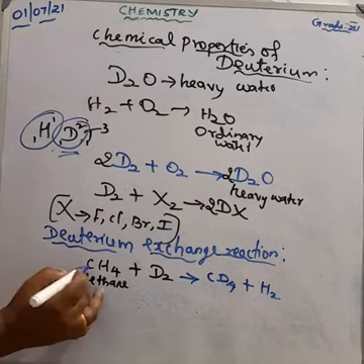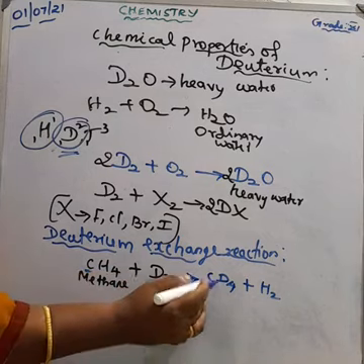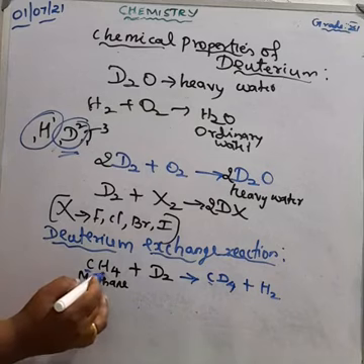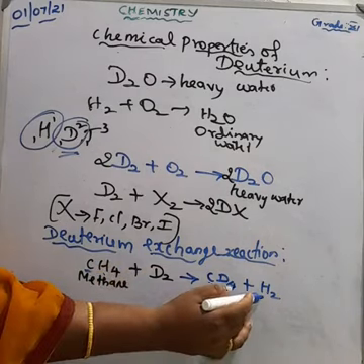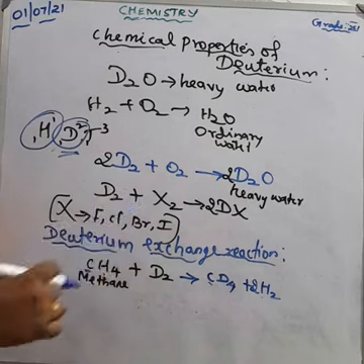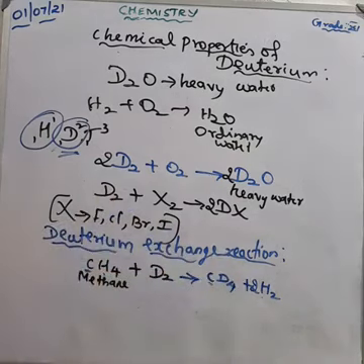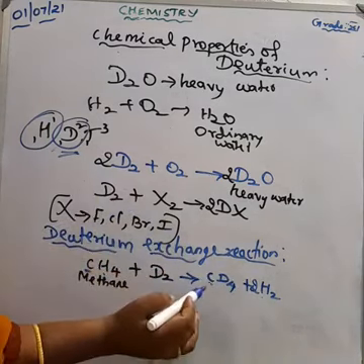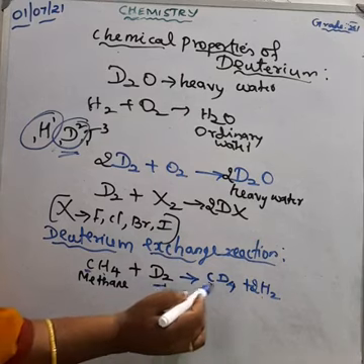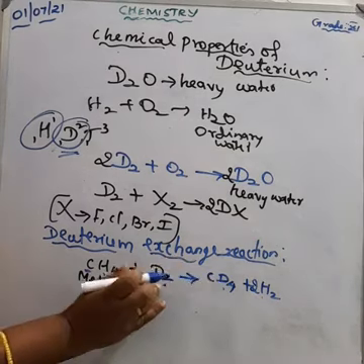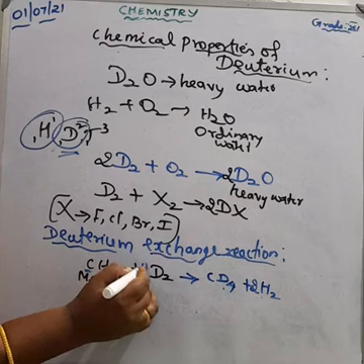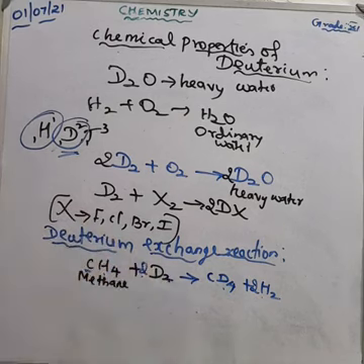Carbon is 1 on both sides, but hydrogen is 4 on the left and only 2 on the right, so we make it 2, and 2 2s are 4. Deuterium is 2 on the left but 4 on the right, so we make it 2, and 2 2s are 4 deuterium. The equation is balanced.